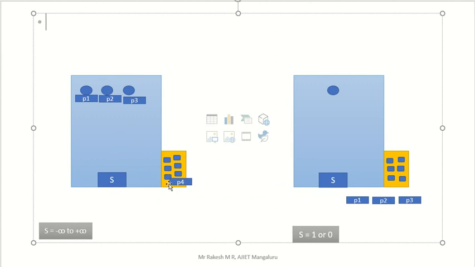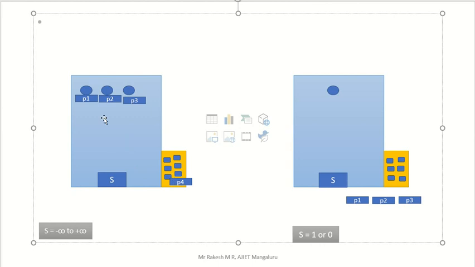So the value becomes -1. Another person comes, goes inside the waiting room and sits there, so the value becomes -2. That means the room is full and two persons are waiting inside the waiting room to enter the room. So now the value is -2.